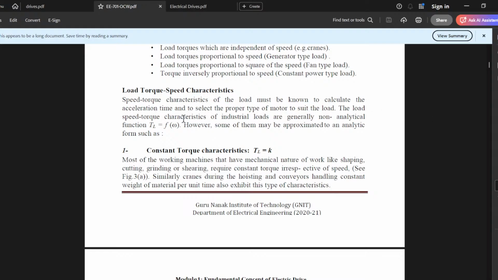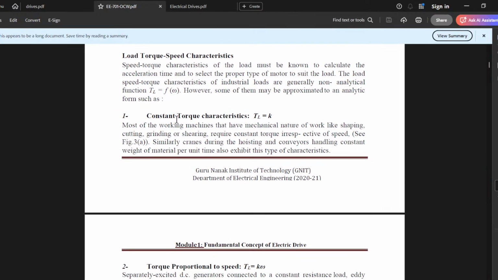The load speed torque characteristics of industrial loads are generally non-analytical functions. Torque is a function of speed. However, some of them may be approximated to an analytical form such as constant torque characteristics. Most working machines that have mechanical nature of work like shaping, cutting, grinding, shearing require constant torque, irrespective of speed.